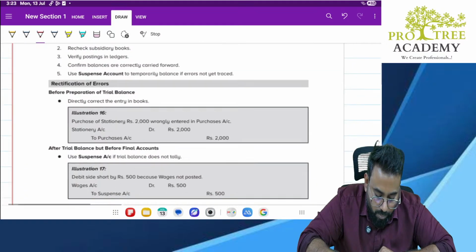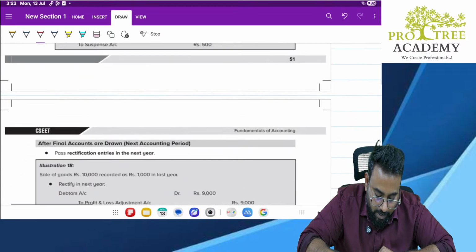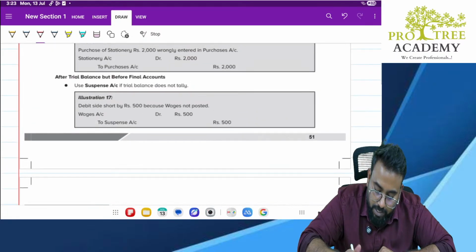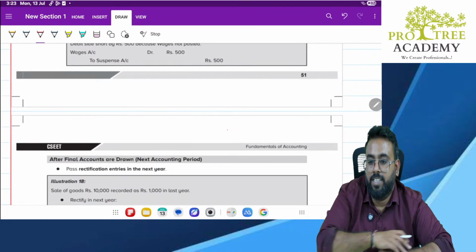You can go through all the transactions except from page number 52. Leave it. I will discuss it again.